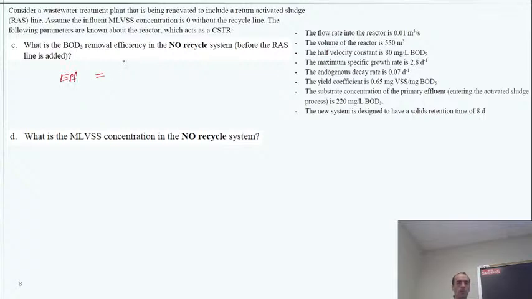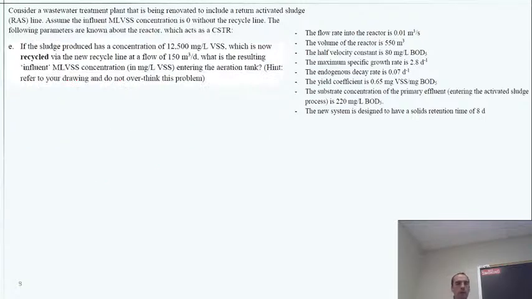So this is going to be something like S naught minus S over S naught times 100%. Likewise, D, following the same structure, is more practice. We can get there by solving a mass balance on S. Okay, so all of that is pretty much parallel to the previous problem. So if you wanted to walk through that to better understand it, there you have it.